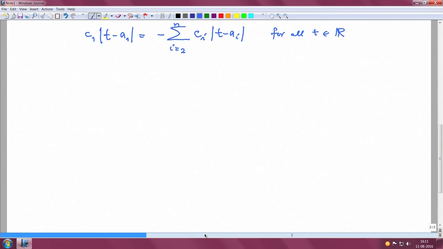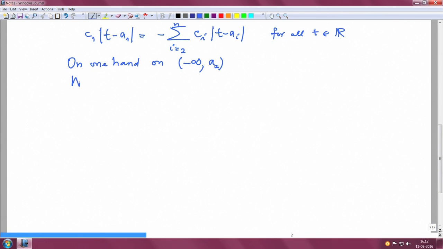If you look at this equation, on one side it is a polynomial. So, on one hand, on the interval minus infinity to a2, first of all, without loss of generality, we may assume a1 less than a2 less than up to an, otherwise you renumber them.